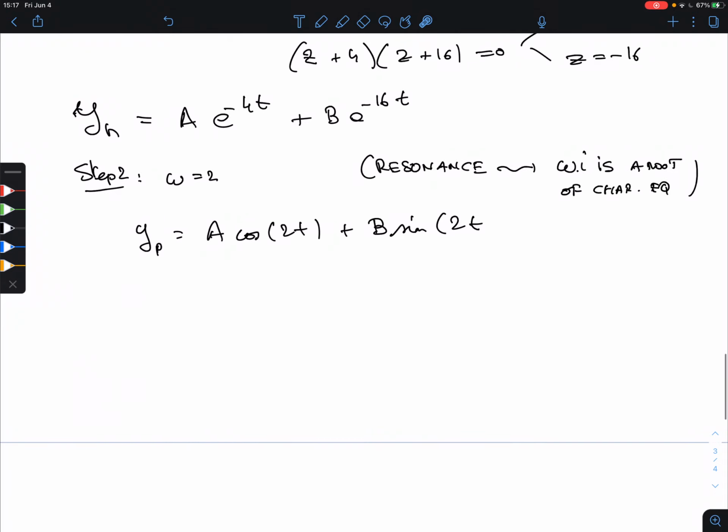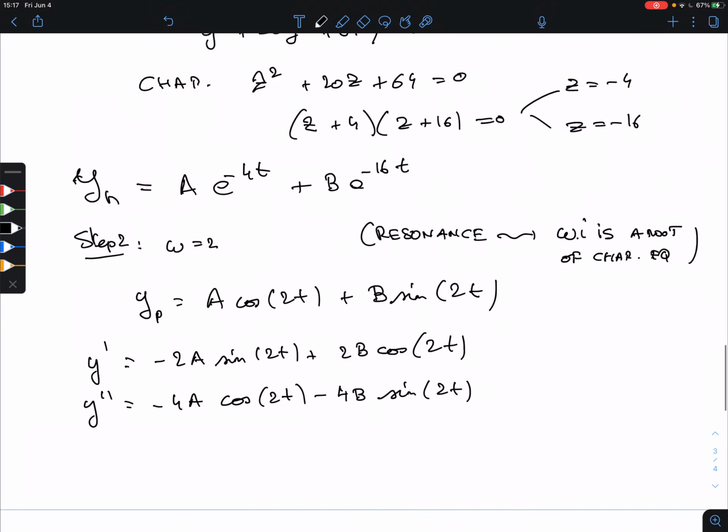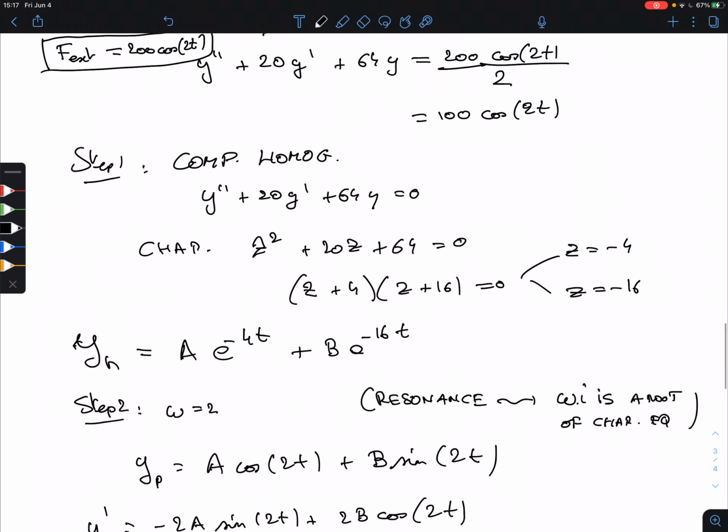Okay, so we need y prime is minus 2a sine 2t plus 2b cosine 2t, and y double prime is minus 4a cosine 2t minus 4b sine 2t. And now we plug everything in our equation. Where is our equation? Here, the top one.